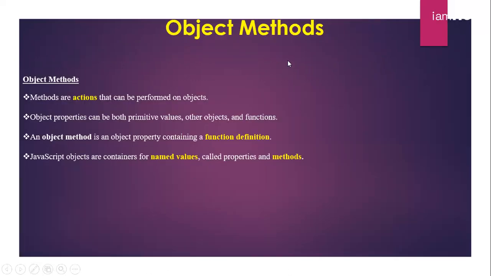Next, object methods. So methods are actions that can be performed on objects. Object properties can be primitive values or user defined. An object method is an object property containing a function definition. JavaScript objects are containers for named values called properties and methods.